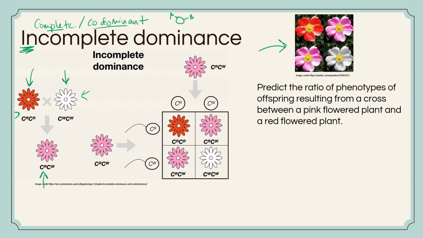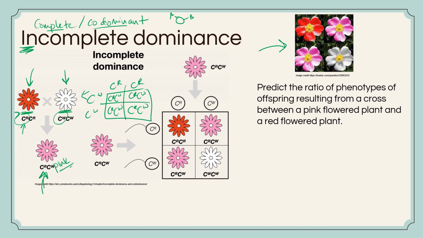And so if I have a red flower and a white flower and I cross them, the color red, C^R, and the color white, C^W, all of the offspring, if I do that Punnett square, are C^R C^W, and that's pink. So a blend of red plus white makes pink. Not that there's some red and some white, but the mixture of the two gives us pink.